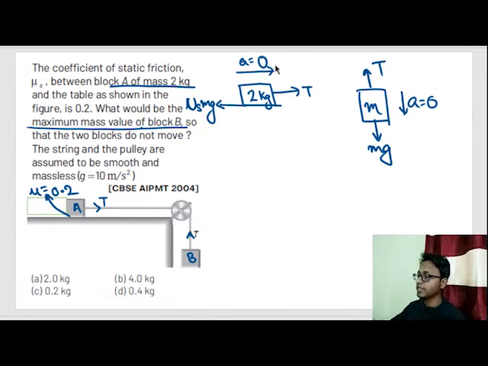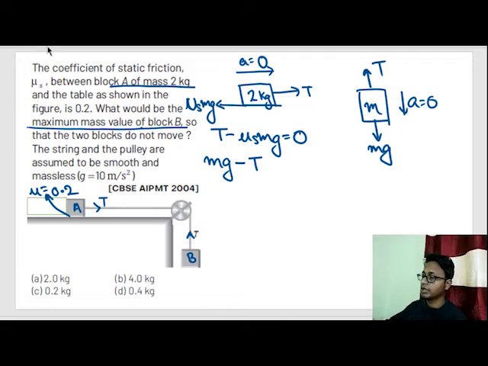So from the equation of this diagram, T minus mu s mg equals 0. From the equation of this body, mg minus T equals 0. Sorry, this one is 2, because the mass out here is 2 kg, and the mass out here is m kg, because we don't know.